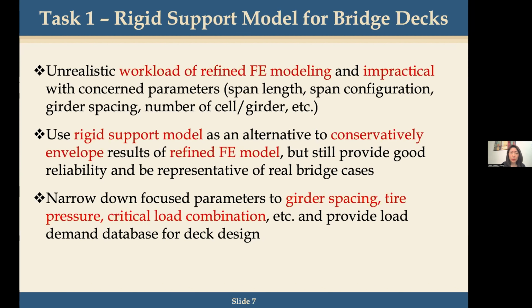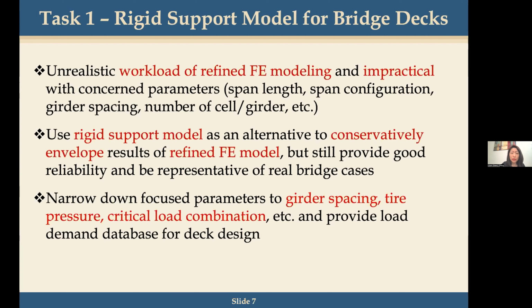So we spent quite a bit of time configuring a simplified or approximate method using a rigid support model as an alternative to the three-dimensional refined model that considers all types of components. It tries to conservatively envelope the response and results of a three-dimensional finite element model in order to provide reliable but also representative cases for real bridges.